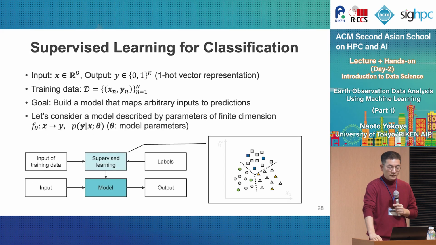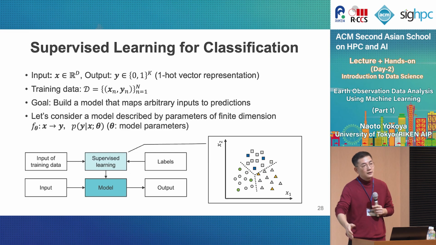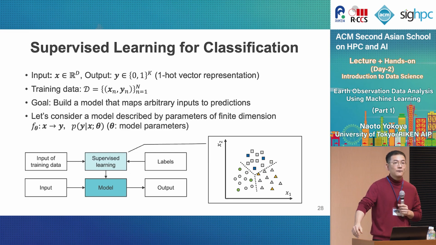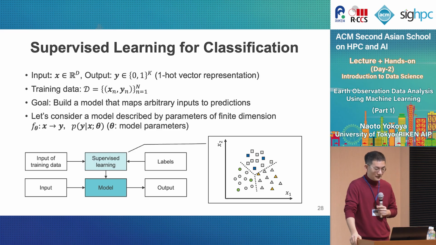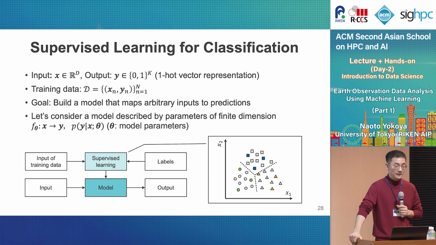In machine learning, there are different learning schemes. One of them is supervised learning. There are others like unsupervised learning or reinforcement learning, but due to the time limit, let us focus on supervised learning. For simplicity, let's think about classification.